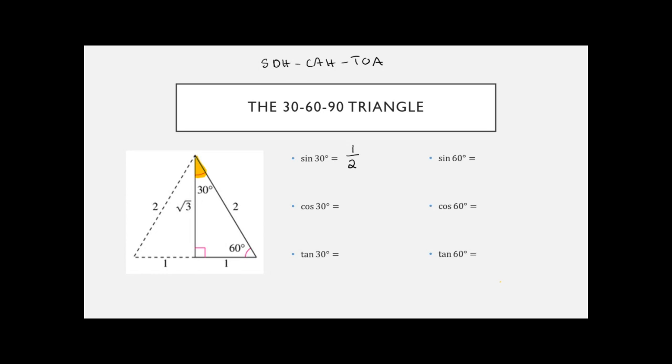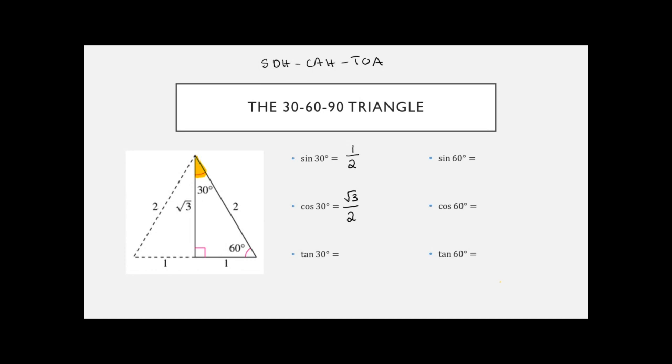Cosine of 30 degrees. So that's our adjacent. And our adjacent side to 30 degrees is the square root of 3. And then our hypotenuse is 2. So cosine of 30 degrees is square root of 3 over 2. Then we have tangent of 30 degrees.